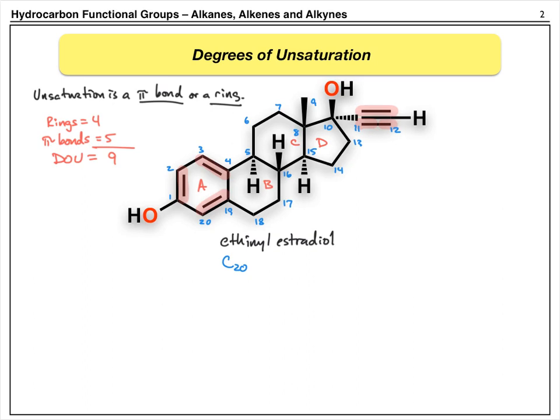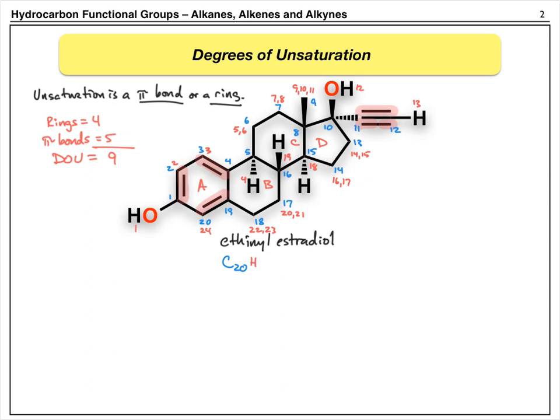Let's go ahead and do the same for the hydrogens now. So we have 1, 2, 3, 4, 5, 6, 7, 8, 9, 10, 11, 12, 13, 14, 15, 16, 17, 18, 19, 20, 21, 22, 23, 24.